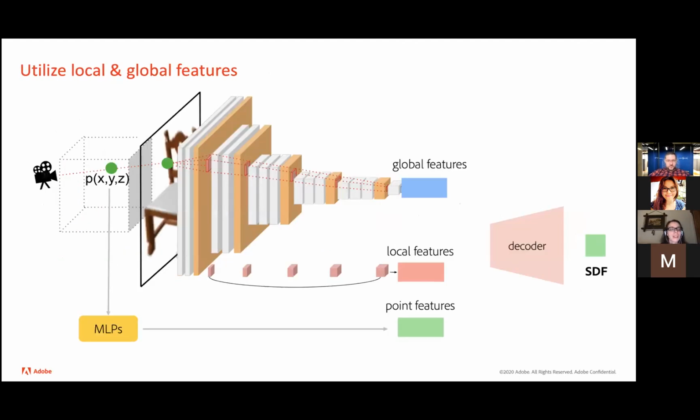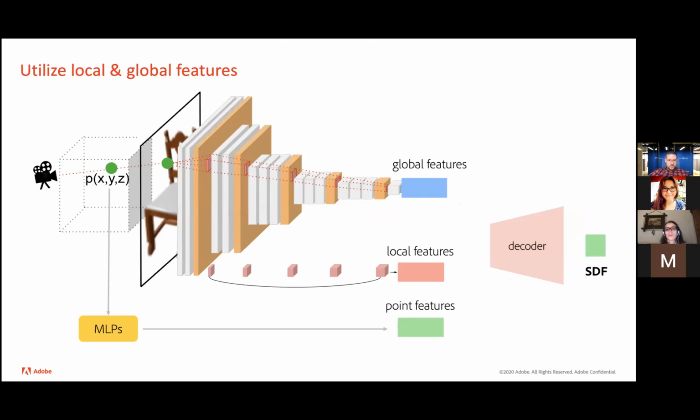So what we did in this work was to replace this part. If I can estimate the viewpoint from the given image, for any 3D point I sample, I can now project this point to my image space.